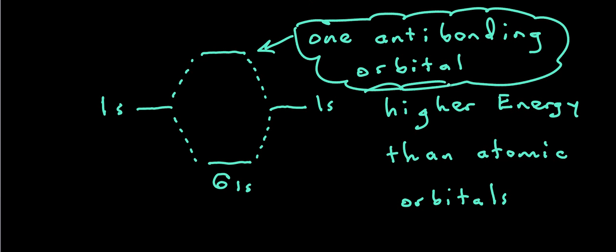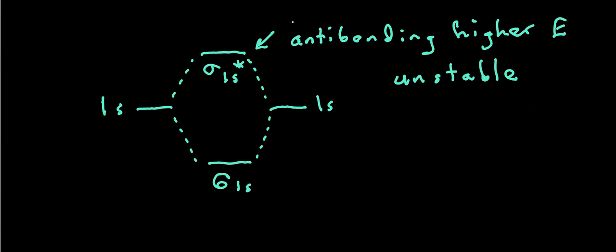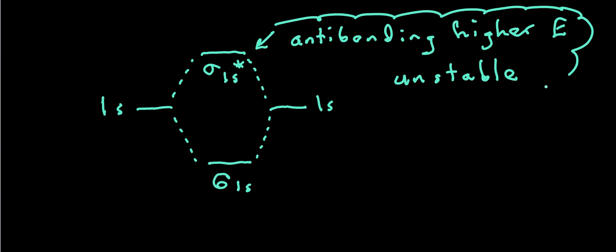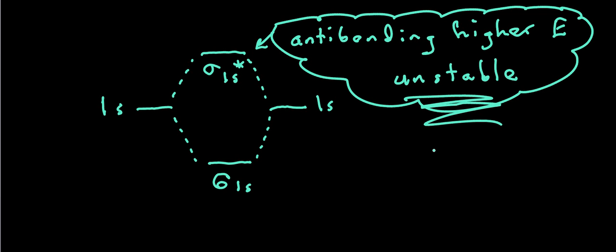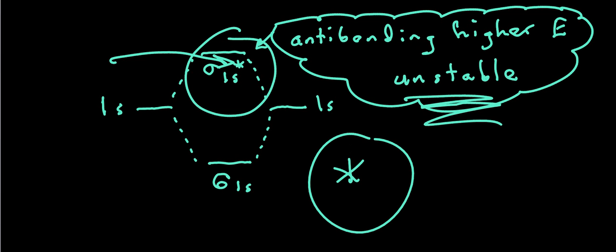The anti-bonding orbital is higher in energy than the atomic orbitals from which it was formed. The anti-bonding molecular orbital at a higher energy is then considered to be unstable. The anti-bonding molecular orbital is designated by sigma 1s with the little symbol of an asterisk. The little asterisk symbol will designate molecular orbitals as being anti-bonding orbitals.